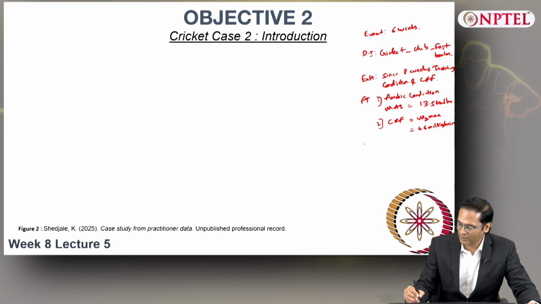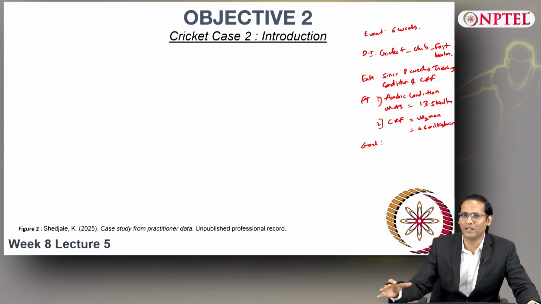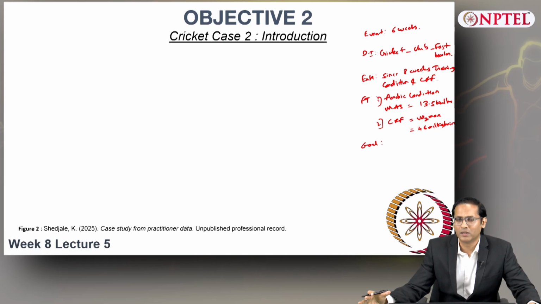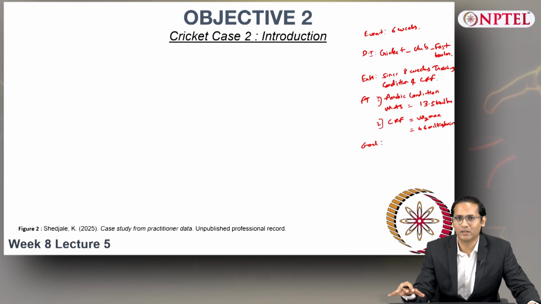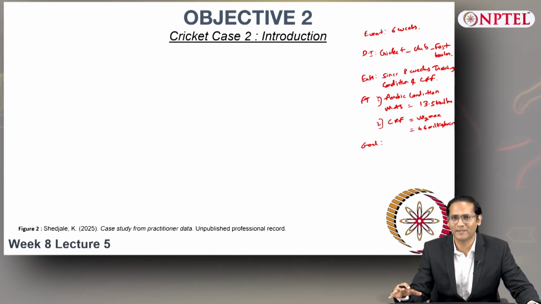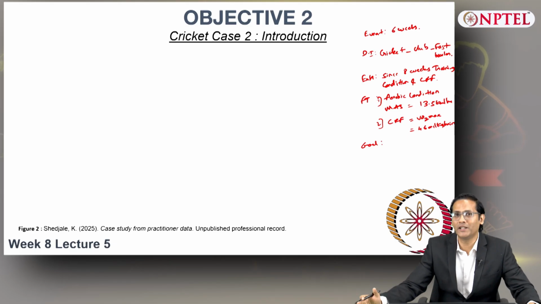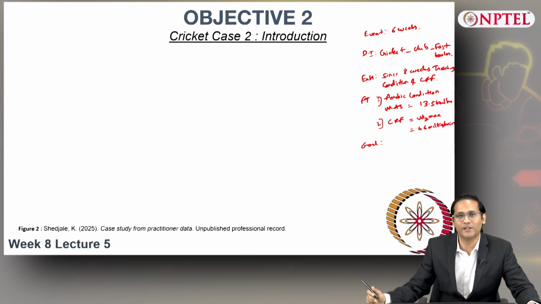Now the goal is what you need to set. Let's understand the context here. Case 1 is exactly the same case that was demonstrated in chapter number 2. After executing 2 months of conditioning and cardio program, the aerobic capacity and the aerobic conditioning have improved.